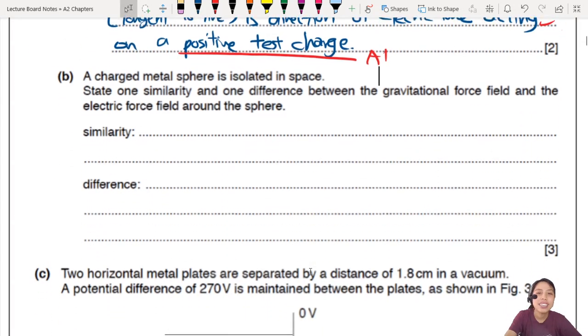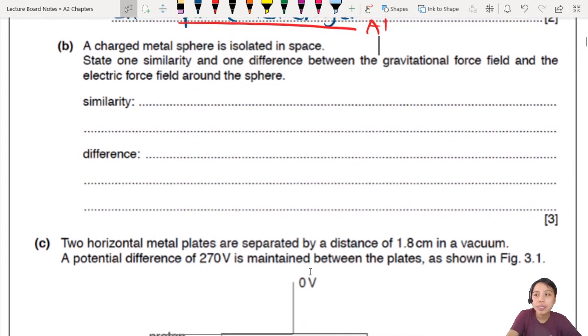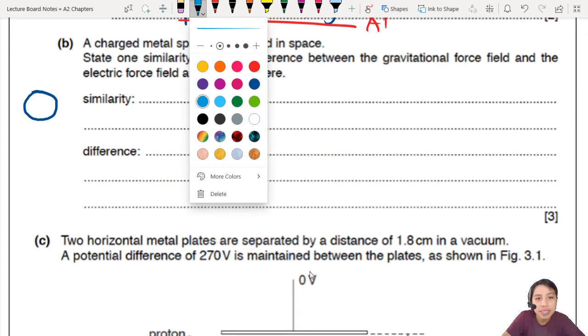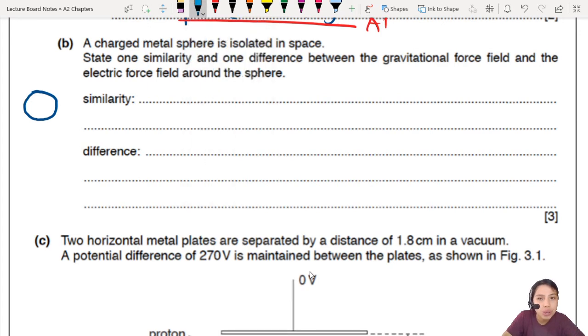Similarity and differences. It's good if you have a table that summarizes the similarities and differences, so comparing the different fields. But if you imagine you have a sphere and you draw field lines, so I guess you could draw something like this. All the fields are pointing to the middle.